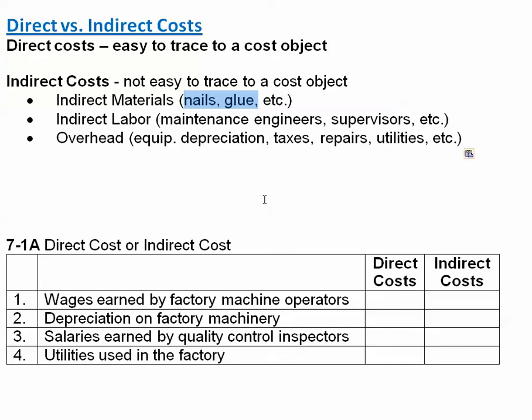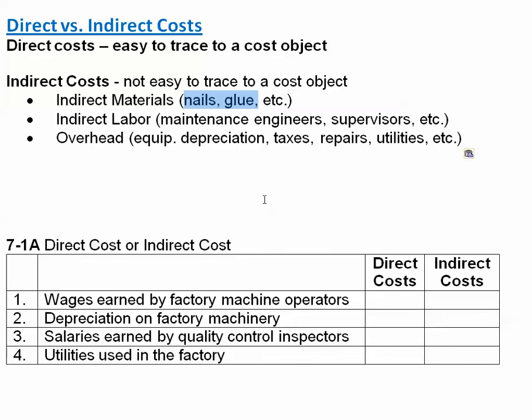The indirect labor is where you have people or costs that are shared by many cost objects. You have, for instance, maintenance engineers who will oversee many different cost objects. So we have to figure out a way to trace some amount of the engineer's salary to each cost object, and we'll deal with that here shortly.